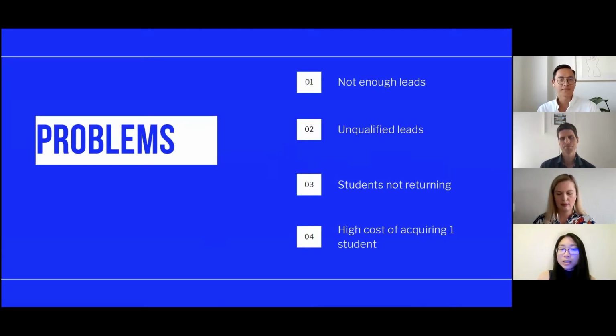When you do the advertisements in a way that is not very optimized, not the most efficient way, a lot of people speaking to your team, the inquiries that you have, maybe they say that your programs are too expensive, they don't have the financial resources, or they don't meet the requirements that you are looking for. These are what we call unqualified leads. So we definitely want to reduce these.